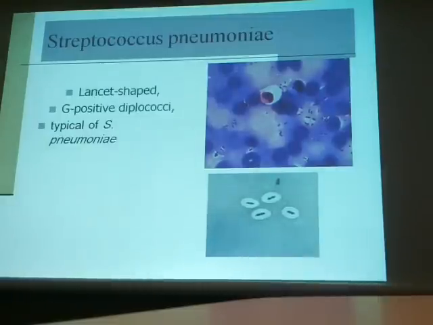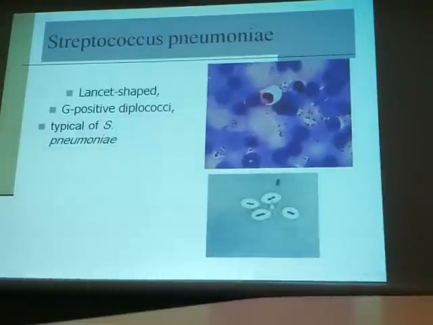So if we do a negative stain using an acidic dye, we can see a colorless halo around the colony. Acidic dyes such as India ink, Nigrosin, Eosin, due to the capsule.